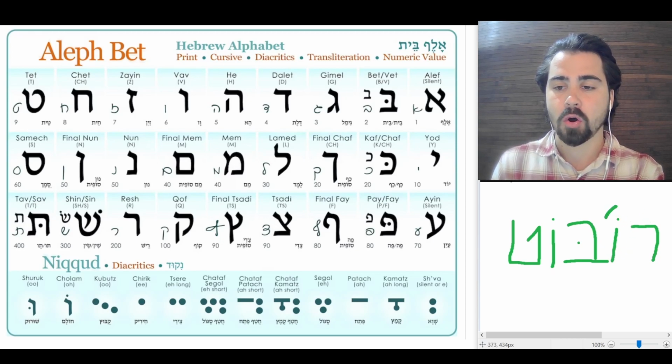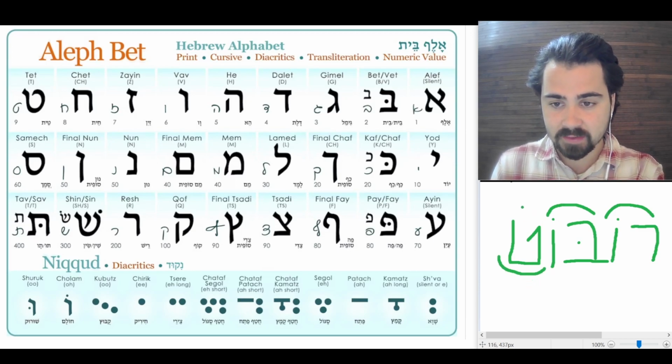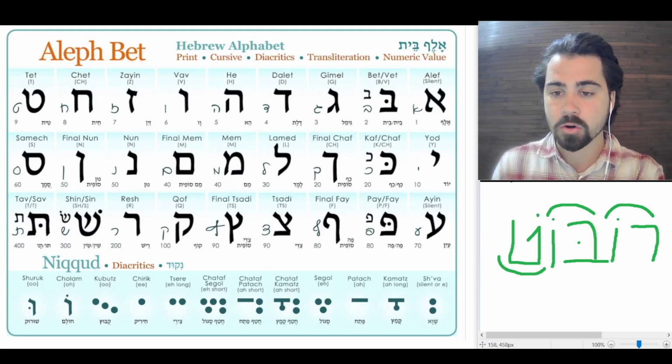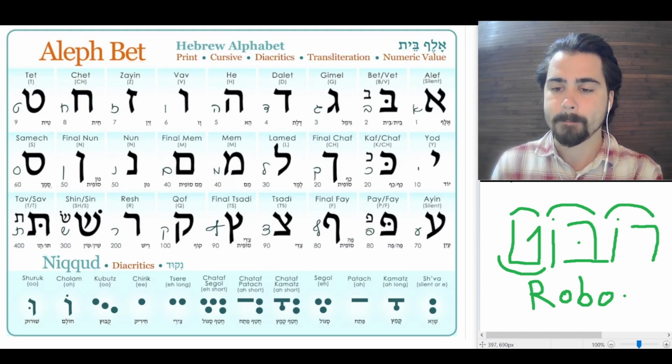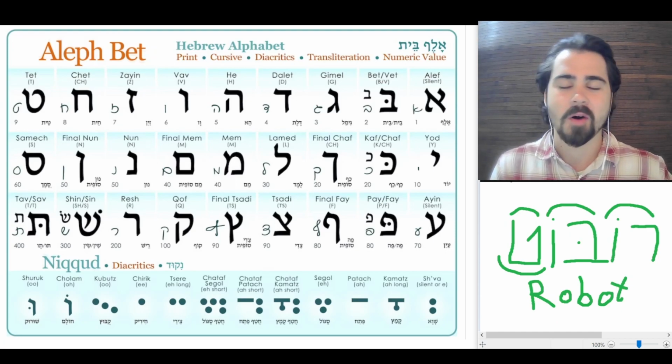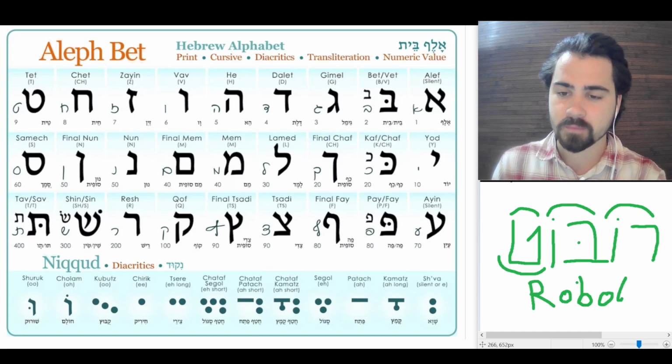So we have ro, and then we have bet with a dot, so it's b, ro, b, and then again o, so ro, bo, and which letter is this? It's a tet, t, ro, bo, t, robot. In Hebrew, robot. Perfect.